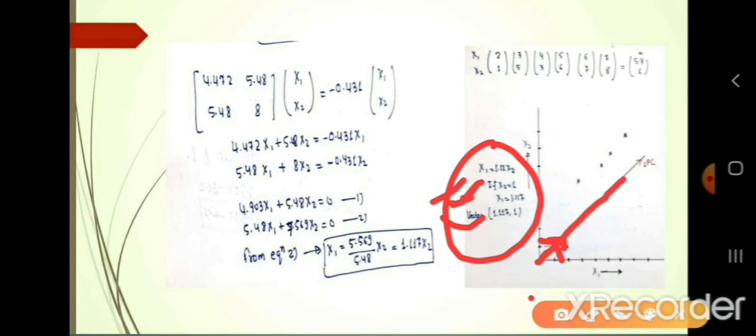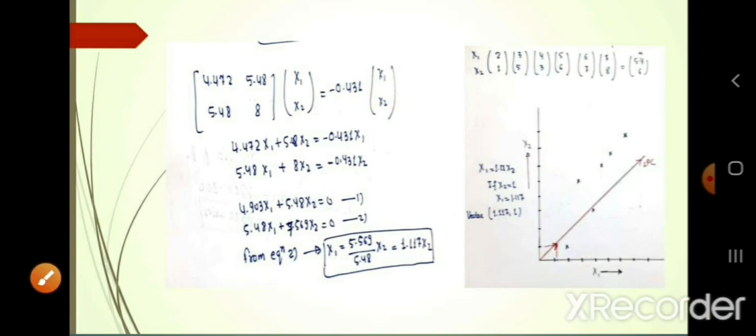So we got the direction of the first principal component, and this is enough to predict the variation of these two data points. This is how we can reduce the data to the maximum useful number of factors. So this was all about principal component analysis.